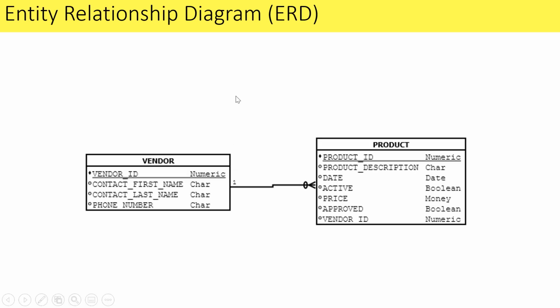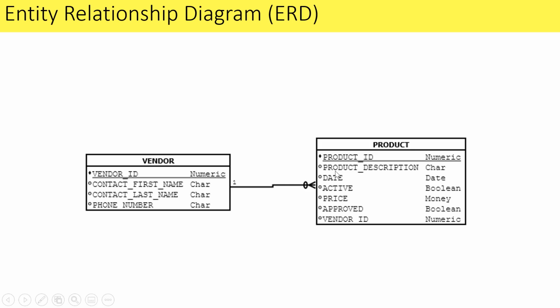Now, as I mentioned, if you want to map it into a relational database management system, per concrete class we create a table. So I created a table for vendor. The attributes come here: vendor ID, contact first name, contact last name, phone number. I create another table for the concrete class product.